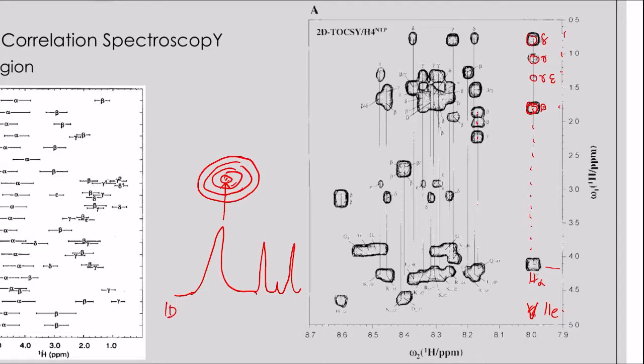Similarly, if you look at another spin system, this is a different amino acid. That one is connecting to this one, so that one is the hydrogen alpha. This system is leucine, not valine, leucine. And then the next one, again that's the hydrogen alpha, that one is valine, and so on and so forth.